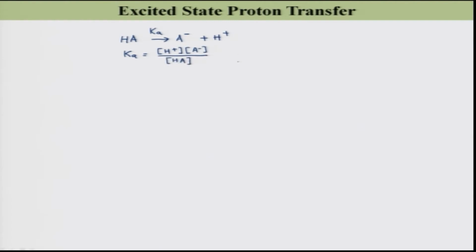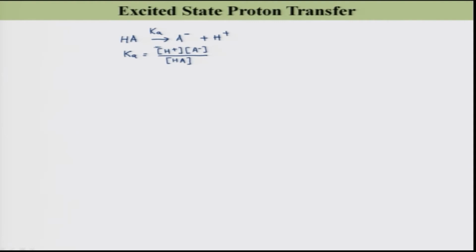Taking log on both sides, and again a minus sign, this will be minus log Ka, and this part will be minus log hydrogen ion concentration, which is nothing but the pH, and then minus log of A minus by HA concentration.